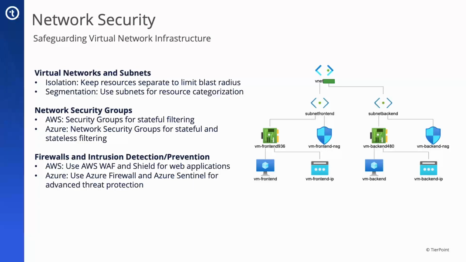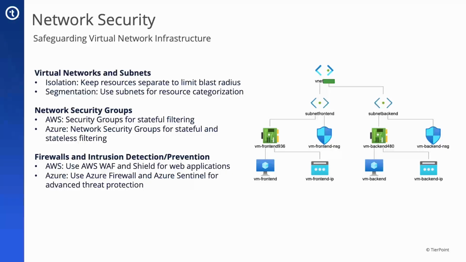AWS Shield itself was designed to protect against distributed denial of service, or DDoS, attacks, and Shield provides additional security against larger and more sophisticated attacks, in addition to offering a 24/7 DDoS response team at AWS.